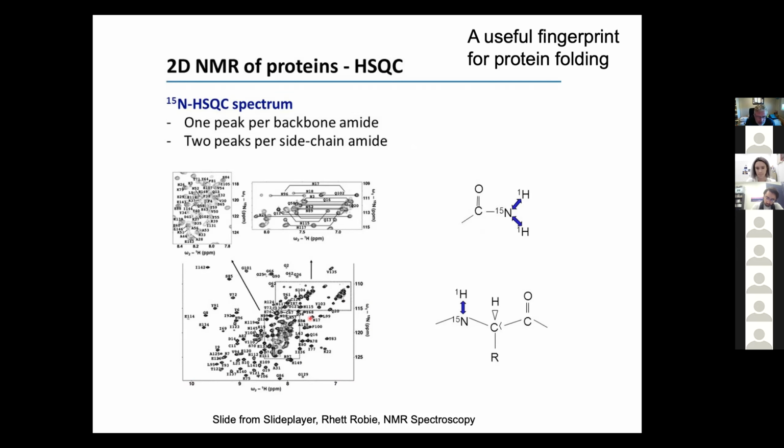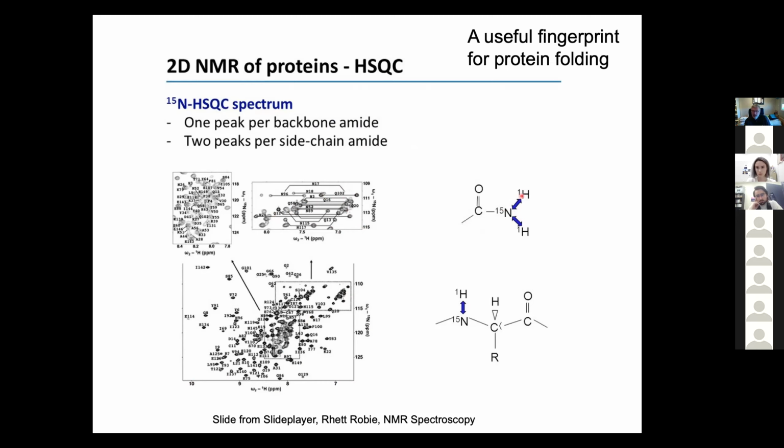Now, if you look at this region here, you actually see that some of these peaks appear double. You can see they draw all these lines here. Now, why is that? Because this is actually the side chain of glutamine and asparagine. If you look at the side chain of glutamine and asparagine, there are 2 hydrogens on that nitrogen.